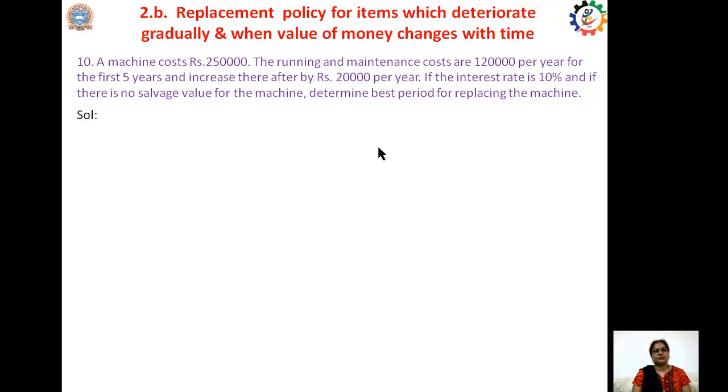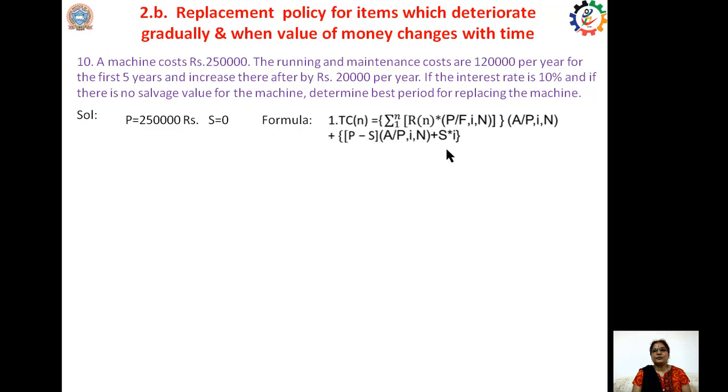So no table, we have to form the table. P value, I already told you, 2,50,000, S is 0. Formula to be used, we will just compare. If I is not given, we used this formula, right? Here, P minus S can be directly algebraically added, but here it cannot be.